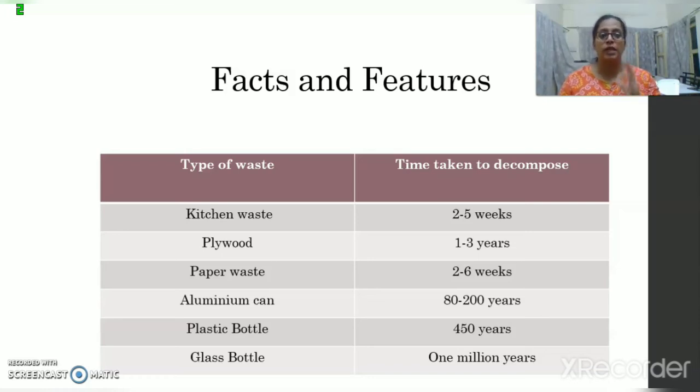So children, be careful when you are drinking anything from an aluminium can; you should think twice about whether to use it or not, right? Then a plastic bottle takes 450 years and a glass bottle around 1 million years, right? So these are some facts about the types of waste and the time they take to decompose.